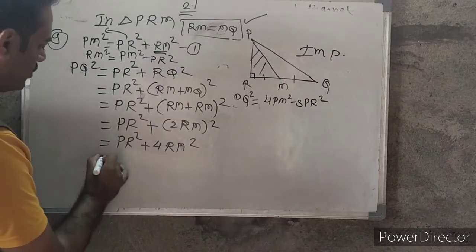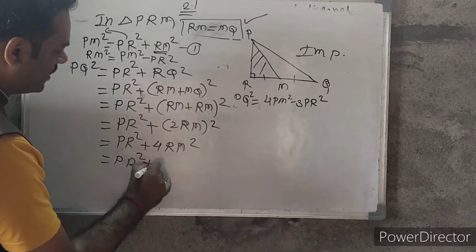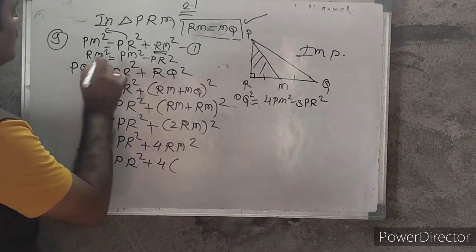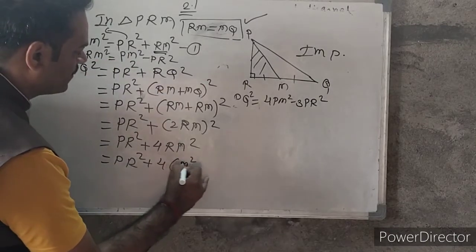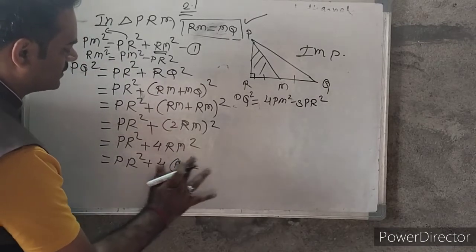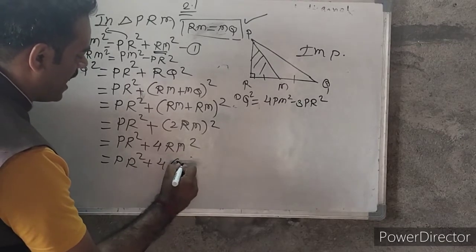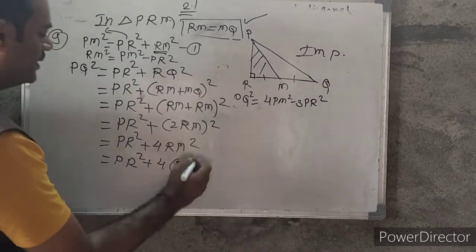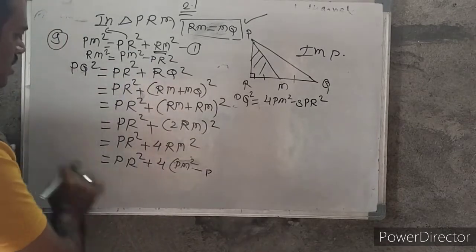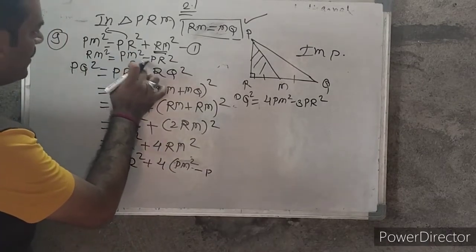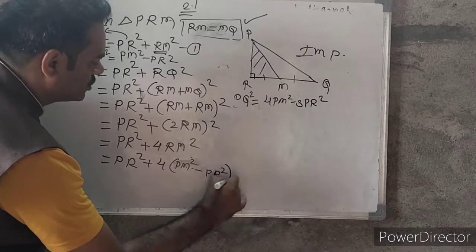So आपको यहाँ वो वैल्यू लिखनी है, PR square plus 4 into RM square की वैल्यू क्या लिखनी है आपको, PM square minus PR square. अभी RM की वैल्यू हम लिख रहे हैं, PM square minus PR square.